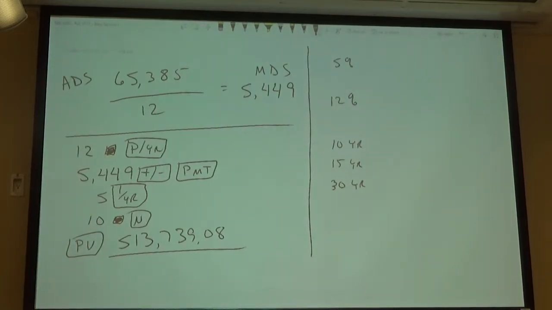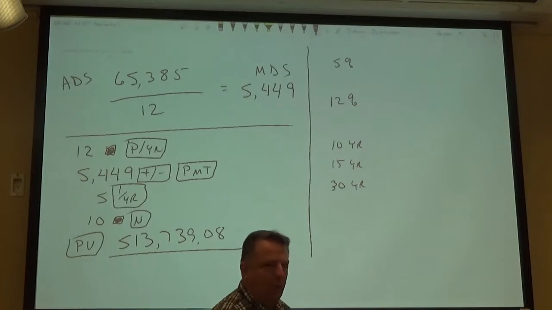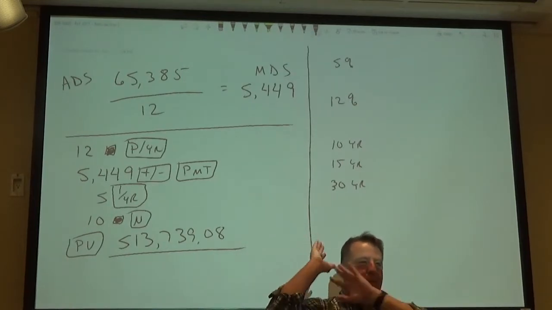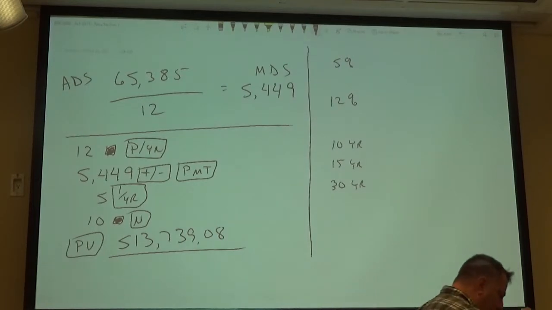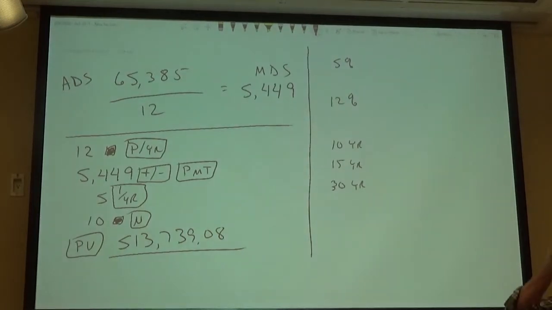Now, think about this. This is where I want you to just use your brain, ignore the calculator, ignore the math, with the exception of this. If your interest rate goes up, what does that mean? Like, for example, if I've borrowed a big pile of money and my interest rate goes up, what does my payment do?